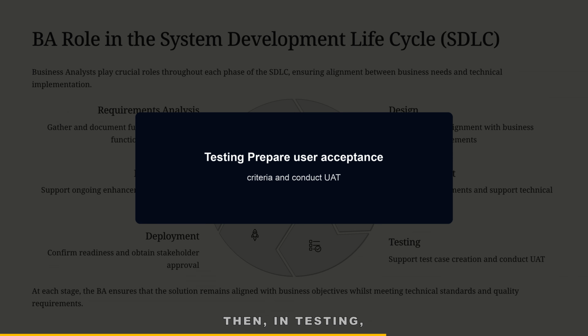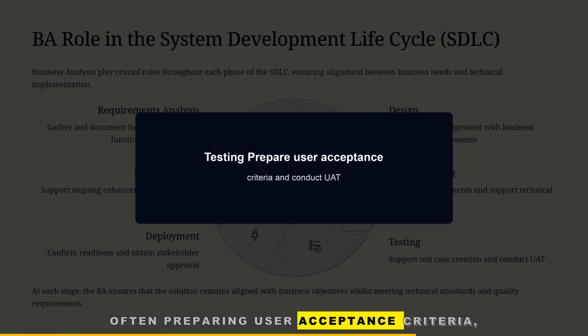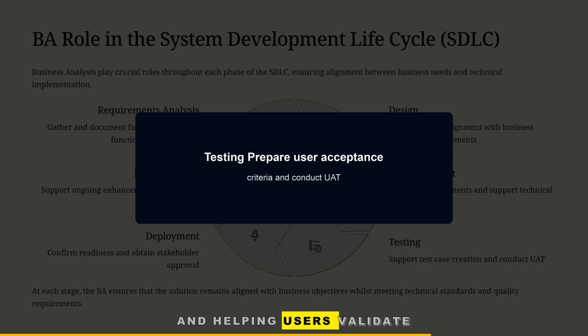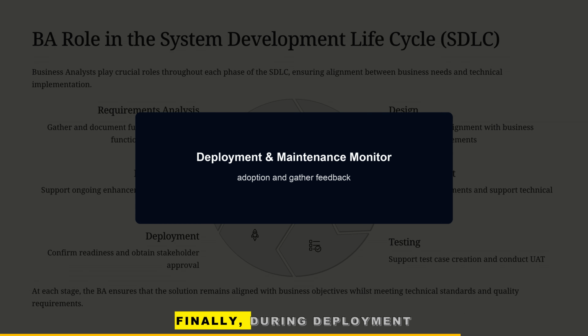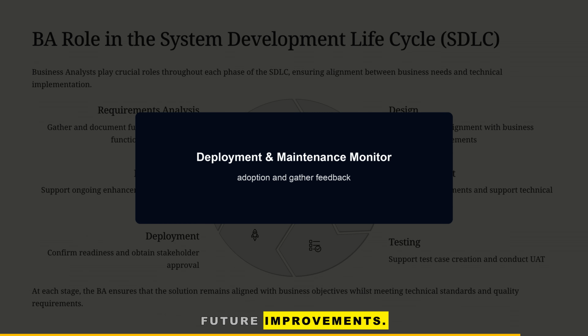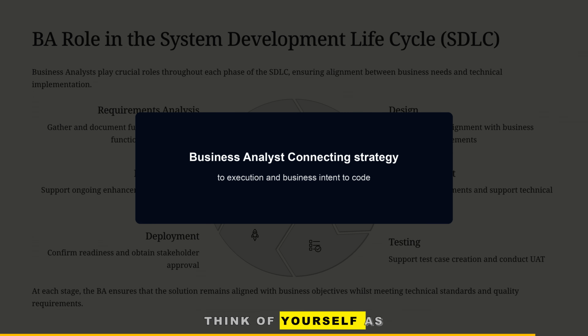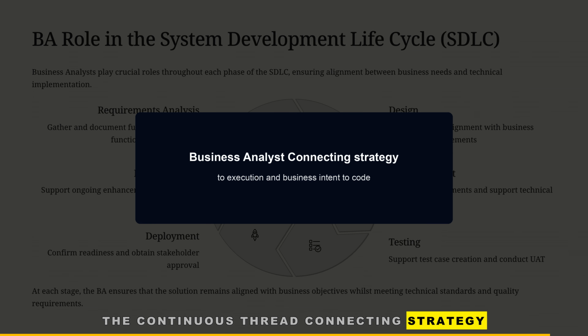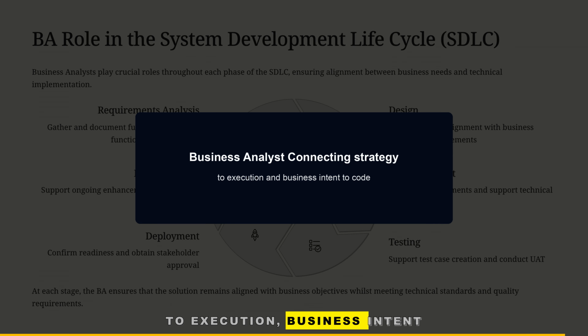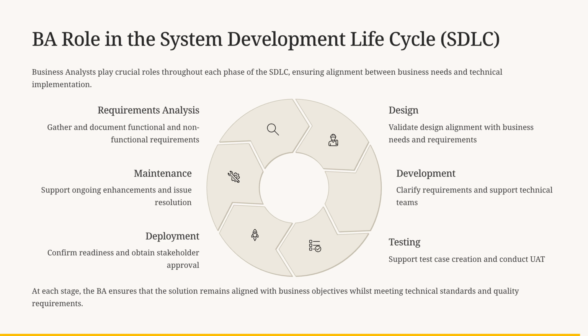Then, in testing, you collaborate with QA teams, often preparing user acceptance criteria and helping users validate that the system actually does what was promised. Finally, during deployment and maintenance, you help monitor adoption, gather feedback, and document change requests for future improvements. Think of yourself as the continuous thread connecting strategy to execution, business intent to working code.